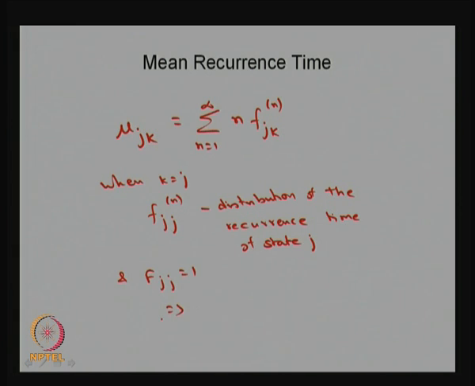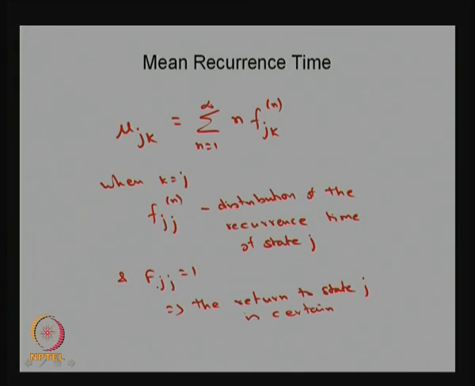This implies the return to the state j, whenever the system starts from the state j, is certain, because that probability is 1. Whenever f j j is 1, that means with probability 1, if you start from the state j, you will definitely come back to the state j.